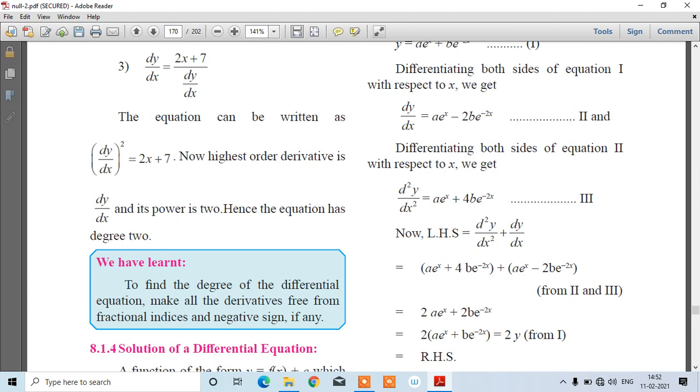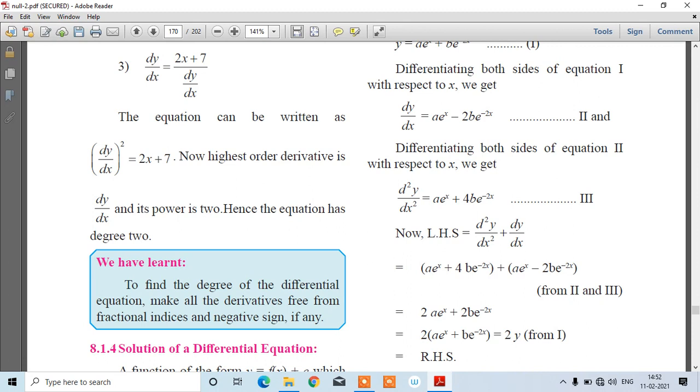Okay. So what we have learnt here: to find the degree of the differential equation, make all the derivatives free from fractional indices and negative sign, if any. So how to determine the order? Order means the highest order derivative involved in that differential equation. And what is the meaning of degree?